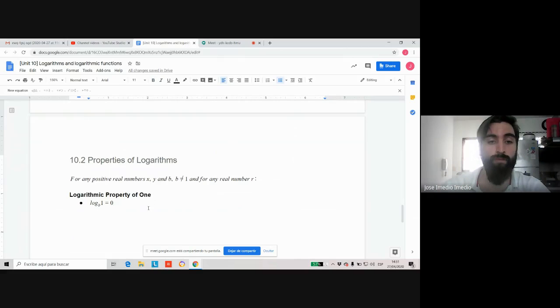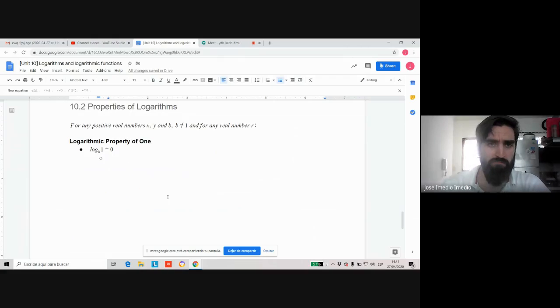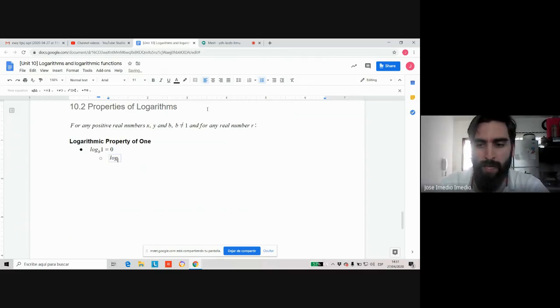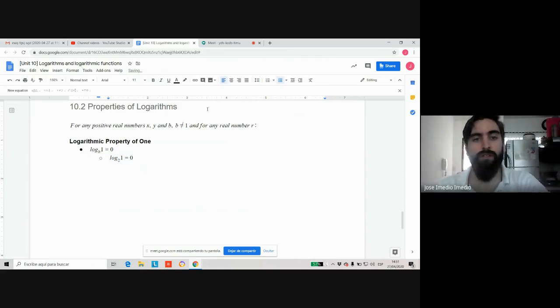Let's write a couple of examples here. For example, logarithm base 2 of 1. Which number do I have to raise 2 to in order to get a 1? 0.